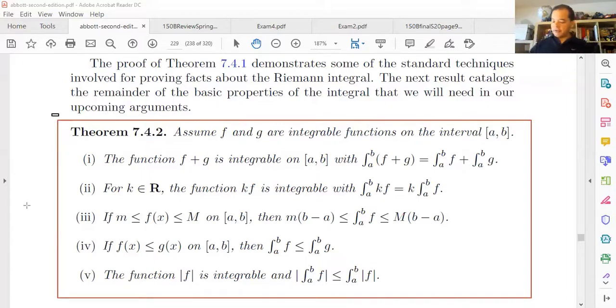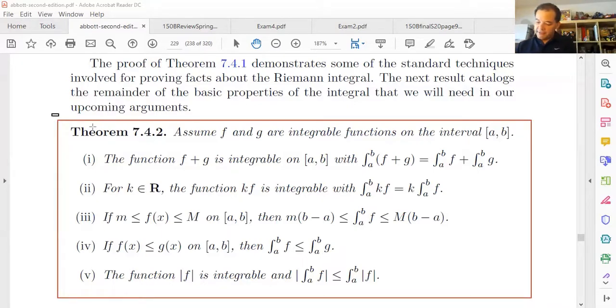So we'll talk about 2, and I'll actually give you 2 ways of proving 2. So 2 is that you can take a constant out, and that the function, when you multiply by a constant, is integrable. All right, so that's what we want to do.